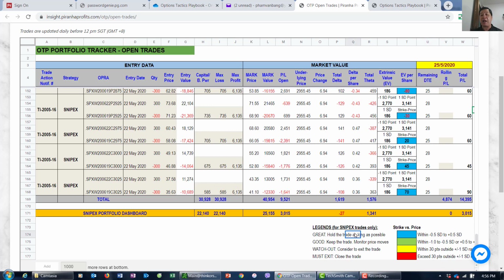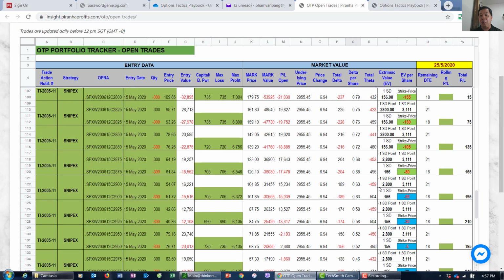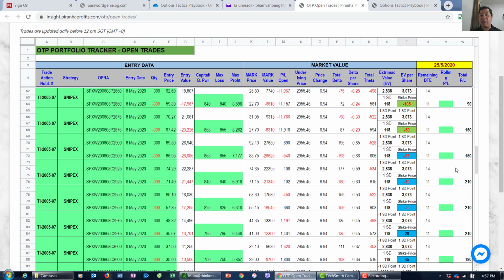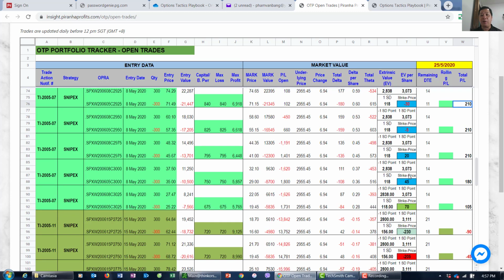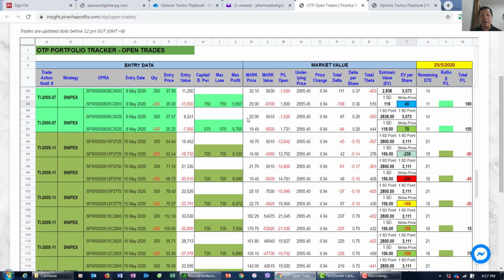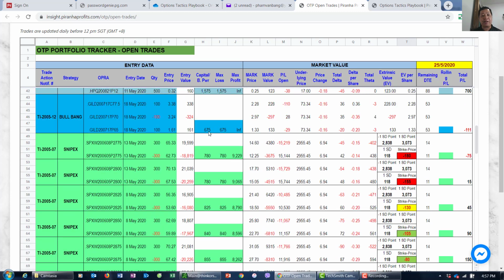I want to keep the trade as long as I can. So the blue one is the best, and I want to keep it. And you can notice that on the blue ones, I'm making good money, right? Very good profit compared to the green or yellow ones. So blue one, I want to keep it. And I highlight the snipback trades in different blocks or different colors as well.